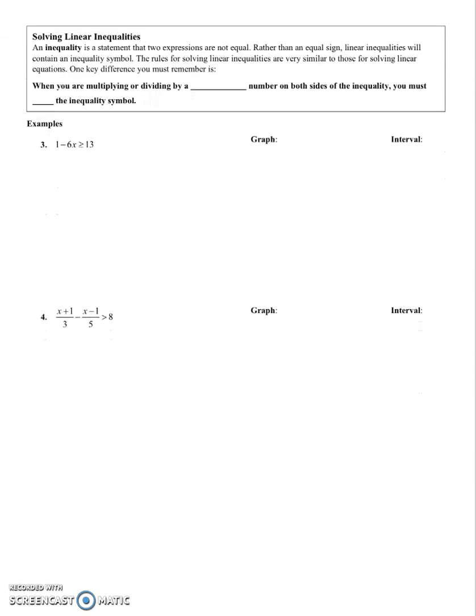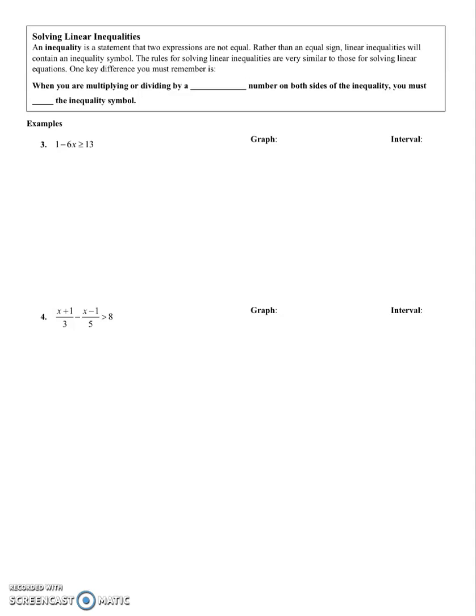So now we have solving linear inequalities. An inequality is a statement that two expressions are not equal. So instead of an equal sign, linear inequalities contain one of those 4 inequality symbols from the previous page. The rules for solving linear inequalities are very similar to those for solving linear equations.